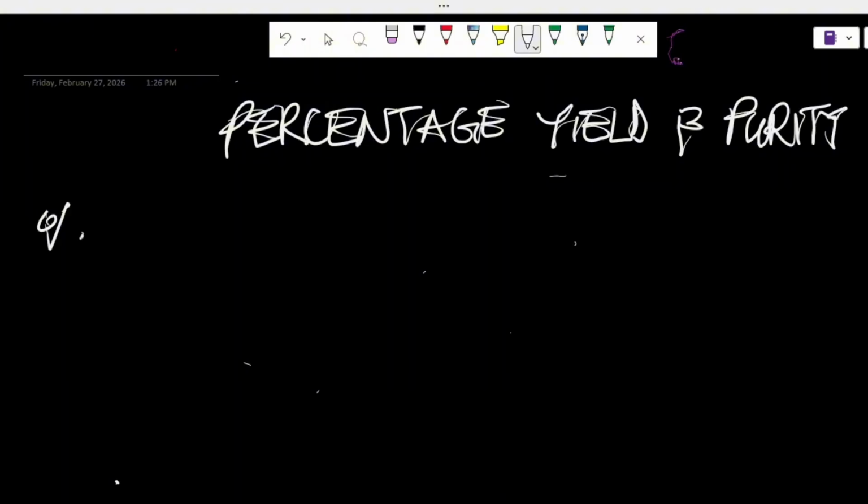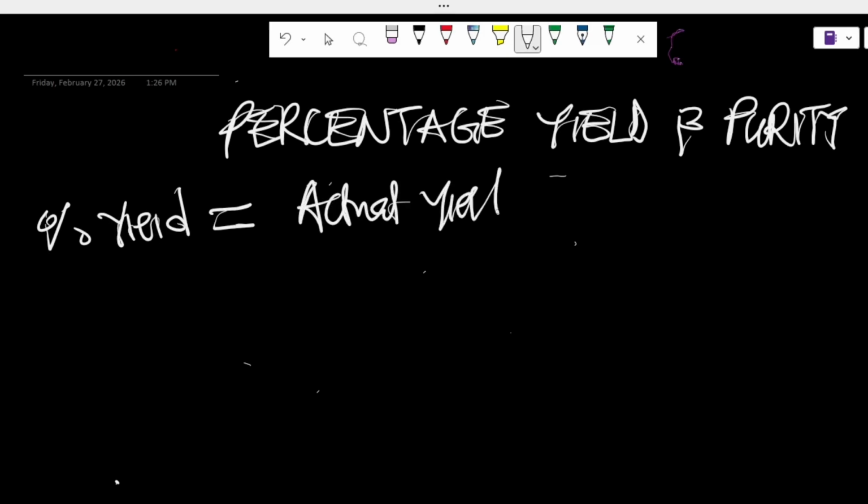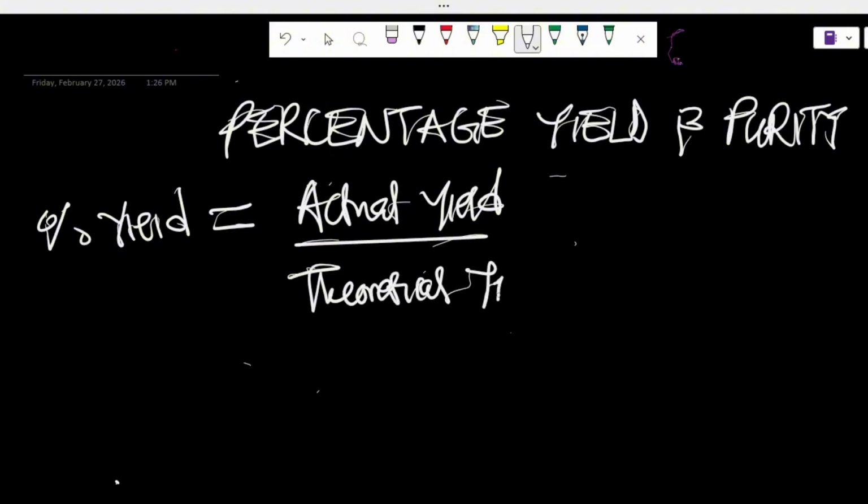So percentage yield is actually the actual yield over the theoretical yield multiplied by 100%. So in other words, it's like when you're doing farming and you're trying to determine how many bags of maize you are going to harvest at the end of the farming season.